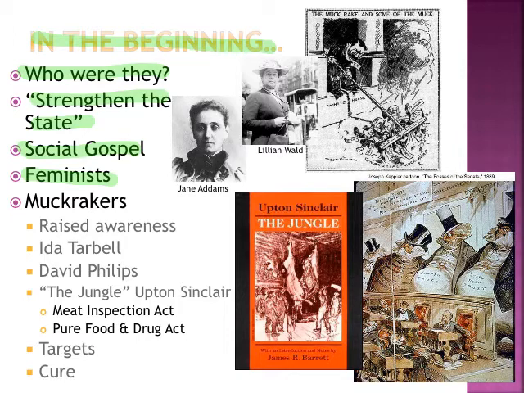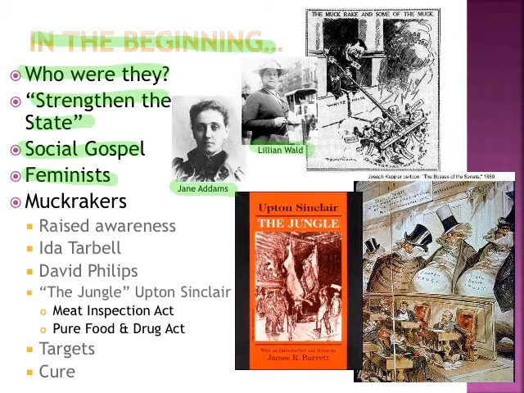Women who worked for women's rights. Well, they added social justice to their list of causes here. Two in particular were very powerful, very popular leaders. One of them, Jane Addams, in Chicago, and Lillian Wald in New York.